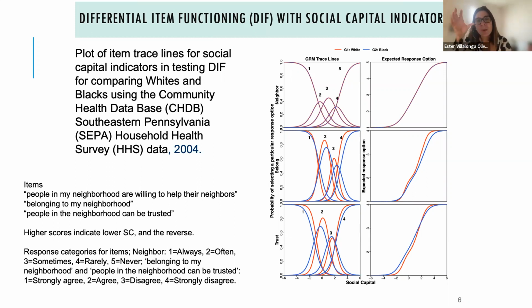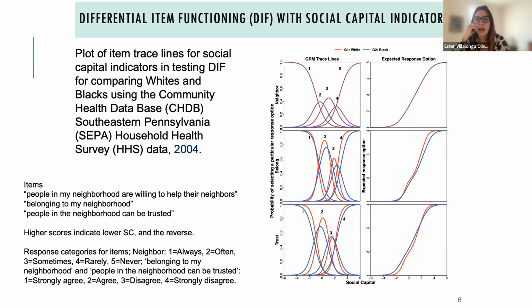This item response theory method is part of modern psychometric techniques, and as part of the IRT method, we evaluate differential item functioning. We call this DIF. And we use DIF to test the functioning of a scale, a questionnaire, a tool, or single items, okay? So here I'm going to use scale, questionnaire, or tool indistinctly.